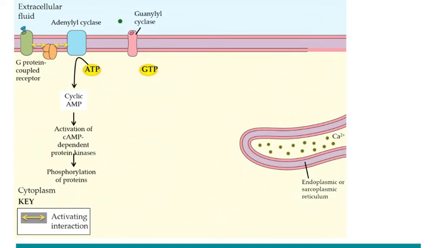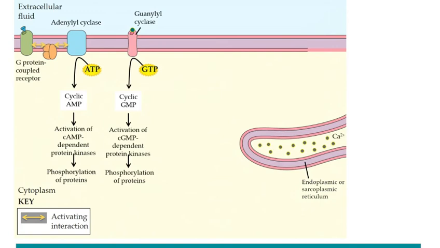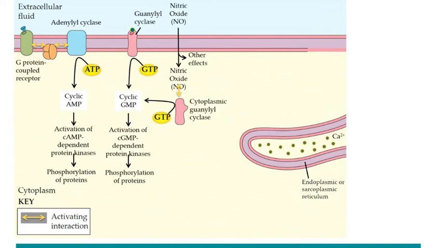Then we have this GTP that is producing cyclic GMP and pretty much the same kind of responses. Then we have nitric oxide that is distributed directly through the cell membrane, for example, to produce cyclic GMP.